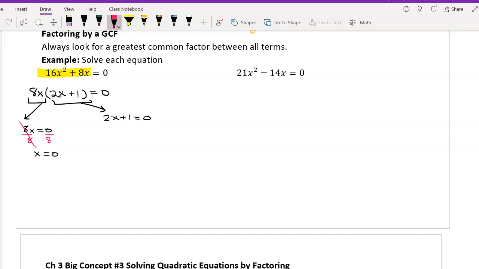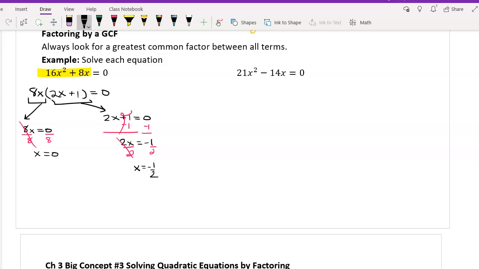On this side, we have to subtract the 1, and we get 2x equals negative 1. Divide both sides by 2, and x equals negative 1/2. So now we used factoring to solve each of these equations. In fact, we used the greatest common factor.